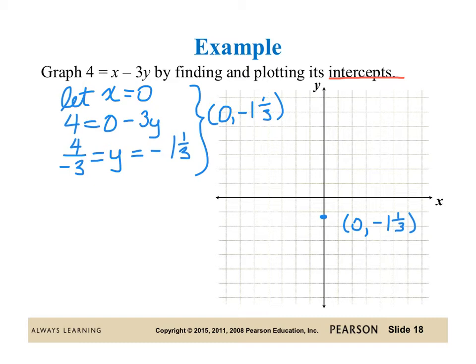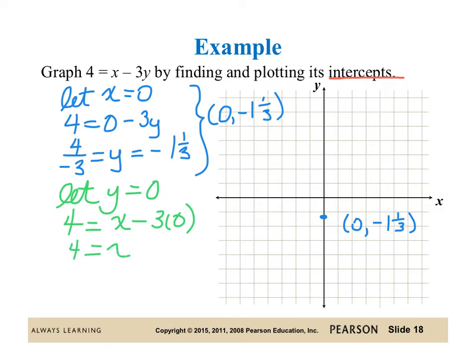And then next we're going to find our x-intercept. We're going to let y be 0, which gives us 4 equals x minus 3 times 0, which is simply 4 equals x. And that gives us the point 4, 0. So we go to the origin and count right 4.